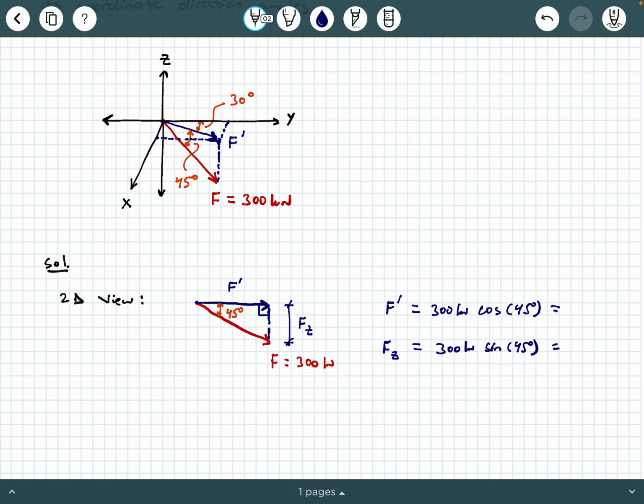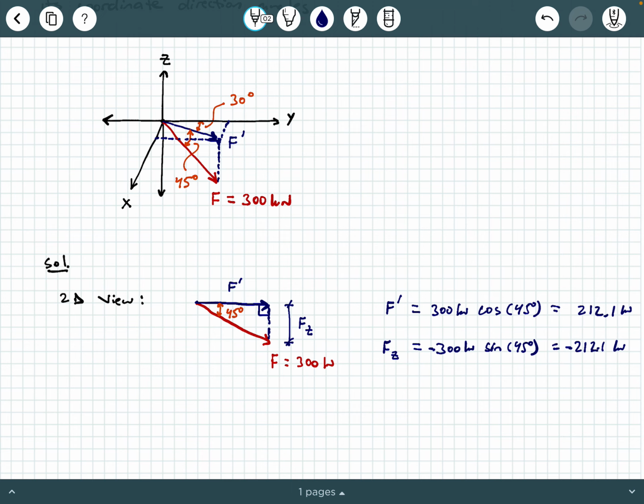So I punch 300 times the sine of 45 degrees into my calculator, and for both of these I get 212.1 kilonewtons. We need to be careful here, especially with the z component. We said this vector F is pointing in the negative z direction, so we need a negative sign in front of the z component calculation.